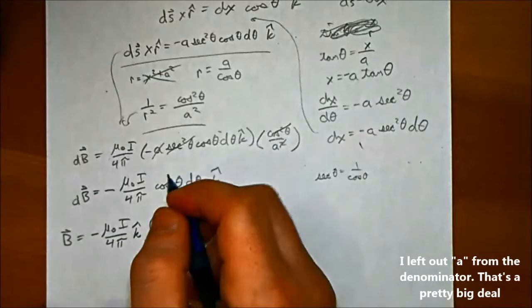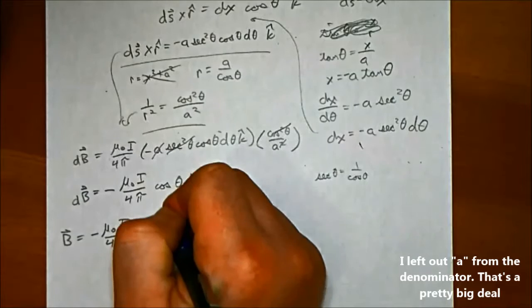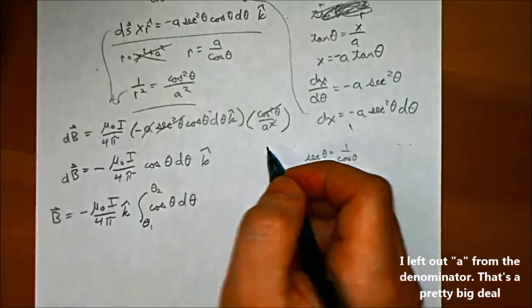And we're going to integrate from theta 1 to theta 2. So what is the integral of cosine of theta? Well, that's actually a nice one. That's just sine of theta.